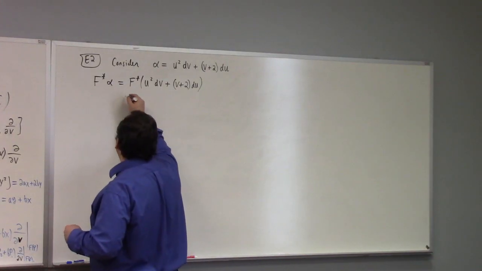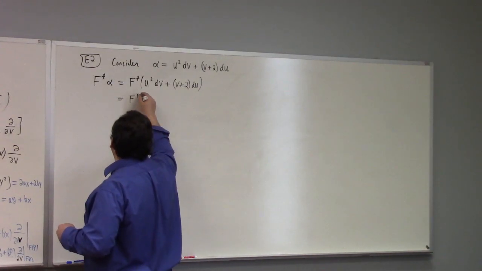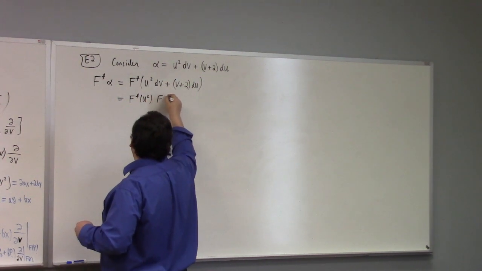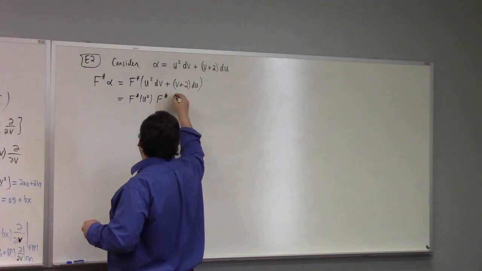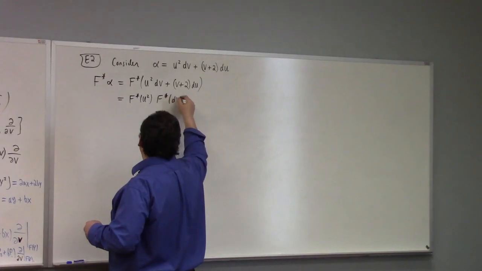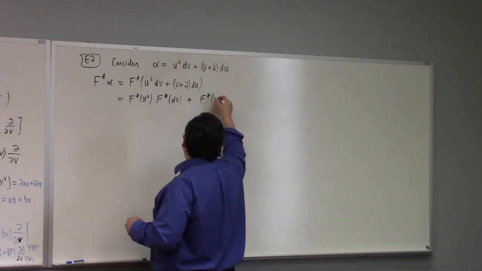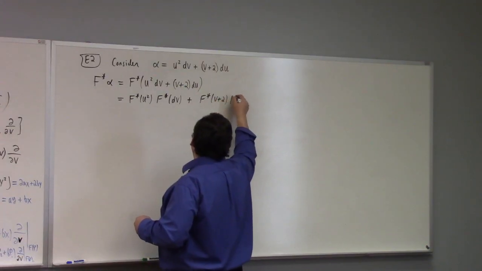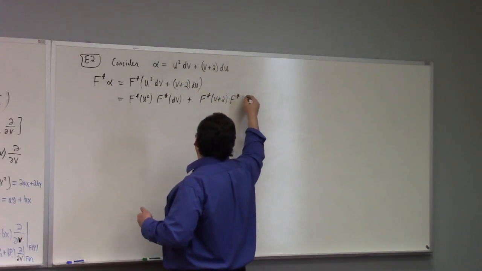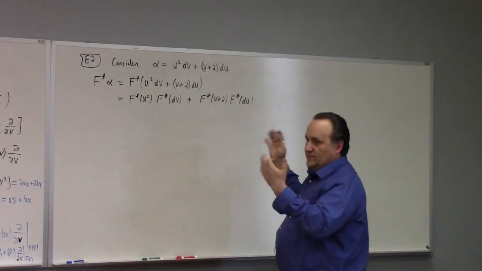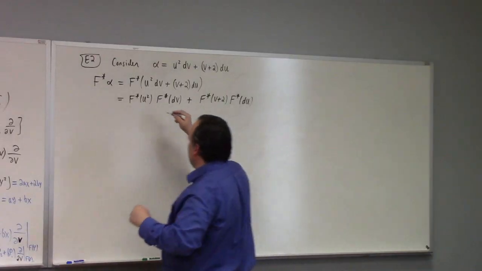Okay, so first of all, this is the pullback of u squared times the pullback of dv plus the pullback of v plus 2 times the, so you might put a wedge here, but the reason I'm not making wedges is because they're zero forms, right? It's scalar multiples.